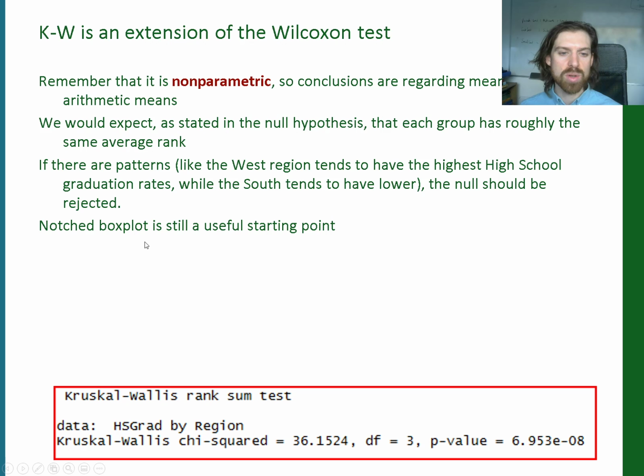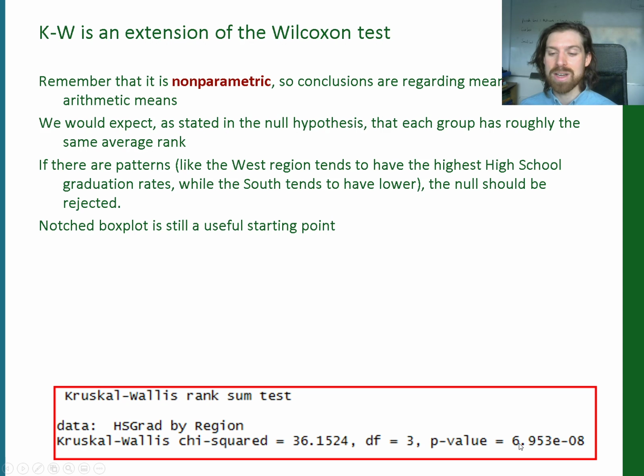And again, the notched box plot is not a bad place to start when you're understanding the data and you want to understand where the different groups are positioned. So this is just an example here of how you can get the Kruskal-Wallis chi-squared value, 36.15, for the high school graduation by region data. So we have 3 degrees of freedom, but we had a highly significant p-value when running this test, 6.953 to the minus 8.